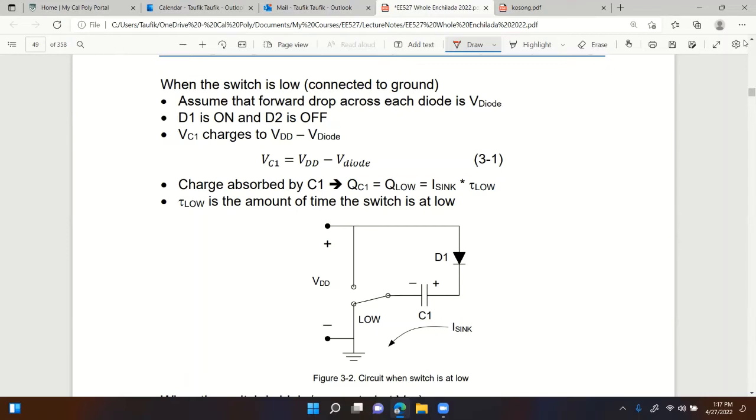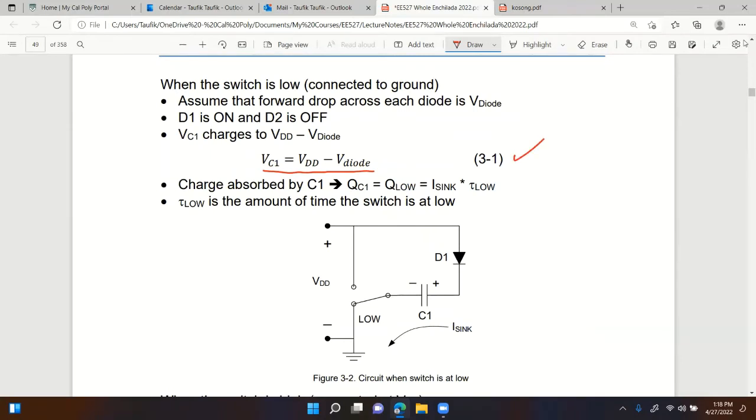So VC1 charges to VDD minus the diode voltage. At the end of the transition, the voltage across C1 would be VDD minus VD1. Call it equation 3-1.